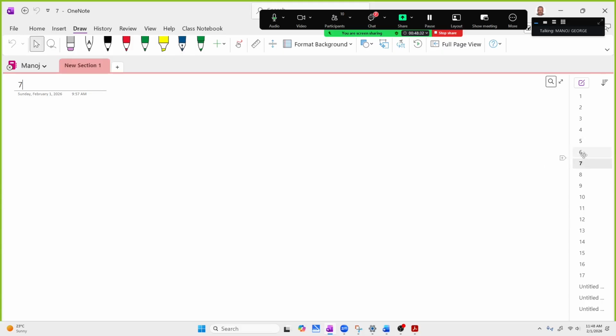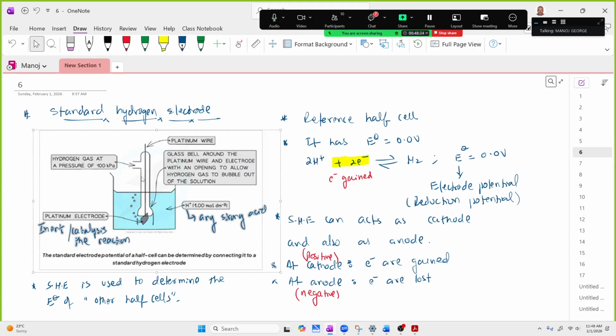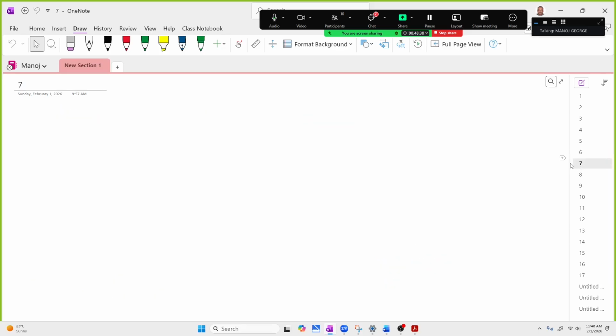Okay, so let me do this. It's easy for us to understand this as case one. Case one is a metal in a metal ion solution half cell.